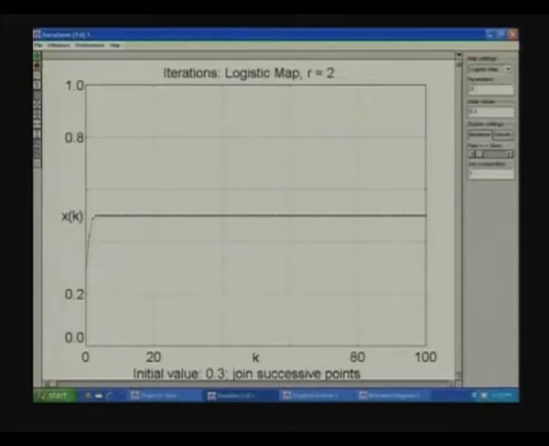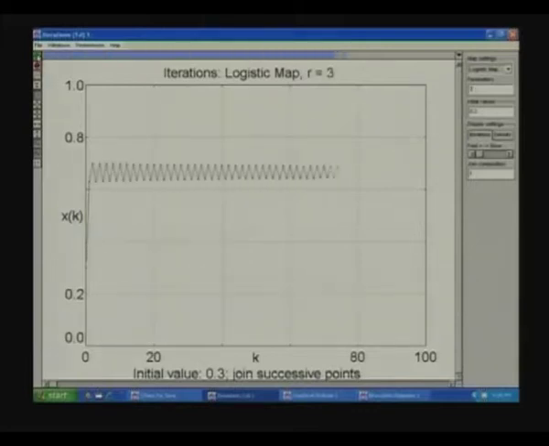But now make r 3. See, it toggles between two numbers. Yes, there is the initial transient that goes on for a long time. Let me make it slightly bigger, it will be better.